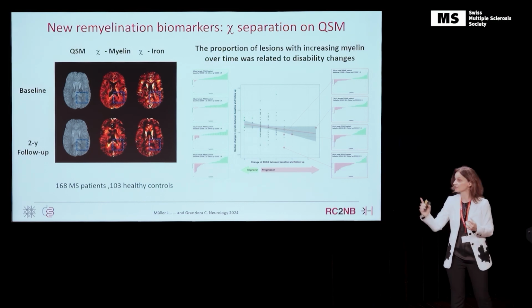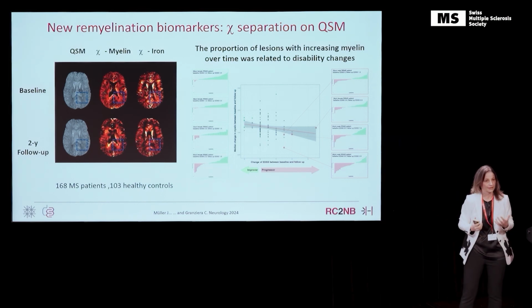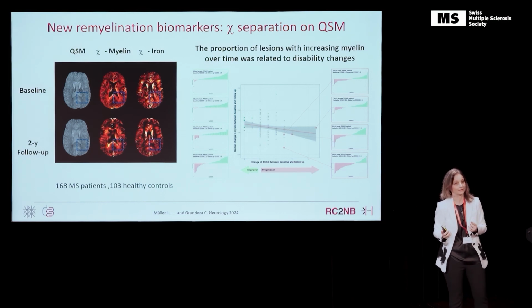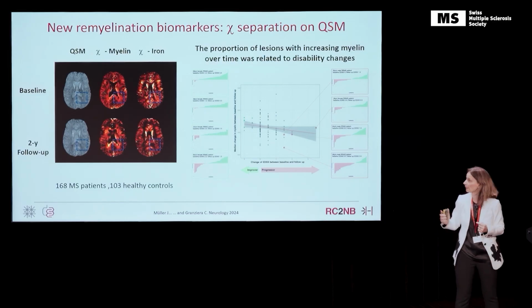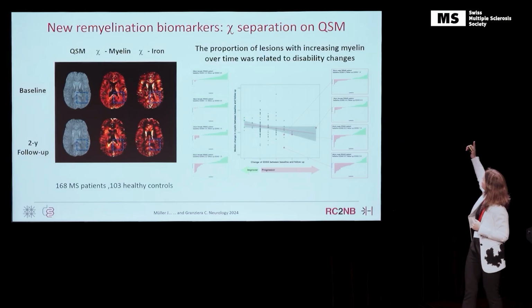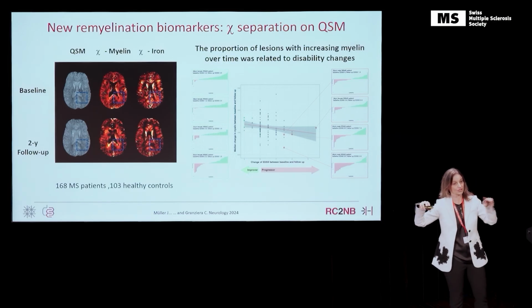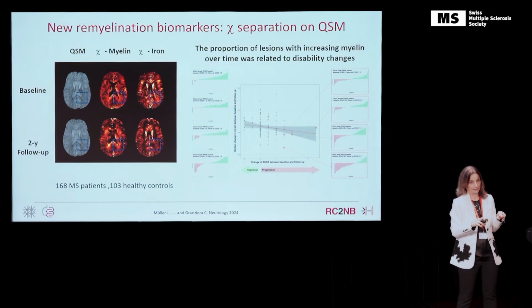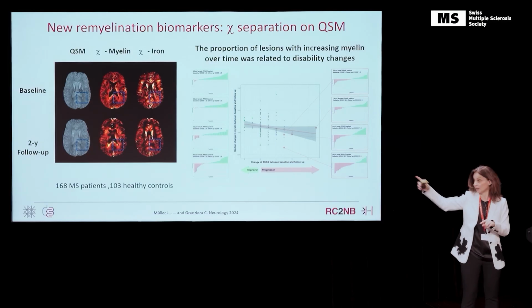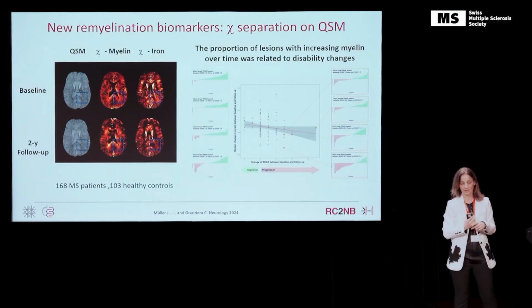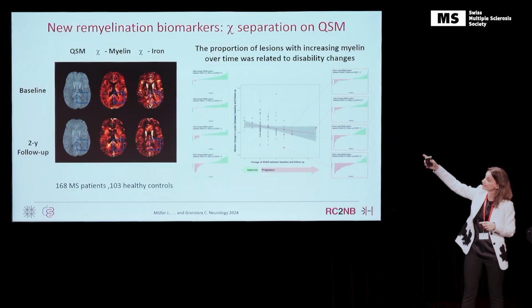And we saw that there are patients that are progressing, they're getting worse. There are also patients who are getting better over time. If you look at the patients getting worse, you see all these columns which are lesions changing over time. In red are the lesions that are decreasing myelin, and in green, lesions that are increasing myelin with these maps. And on the other side, you have examples of patients.